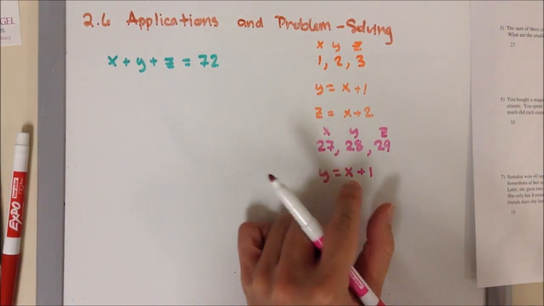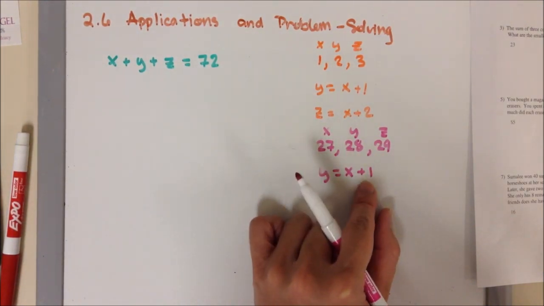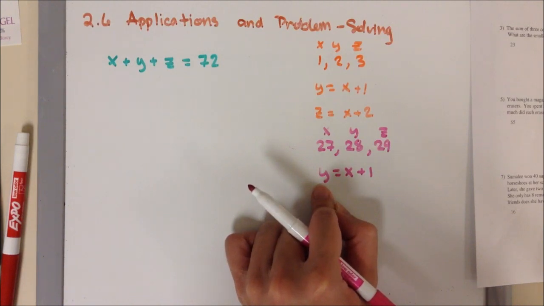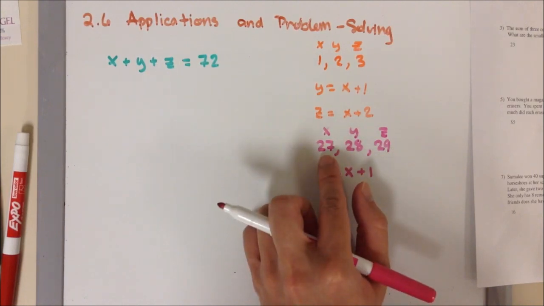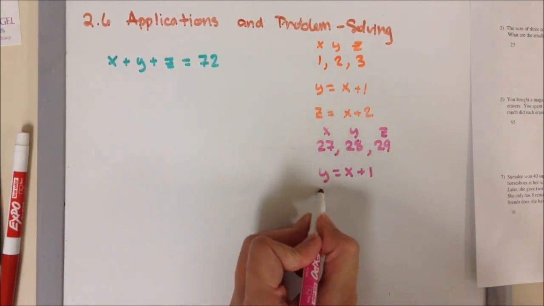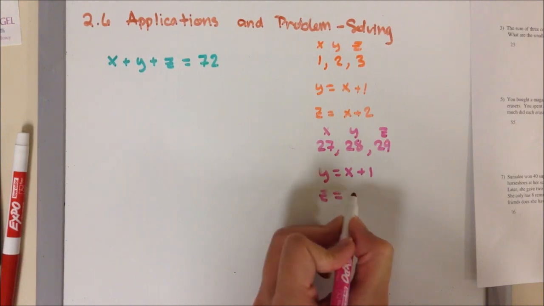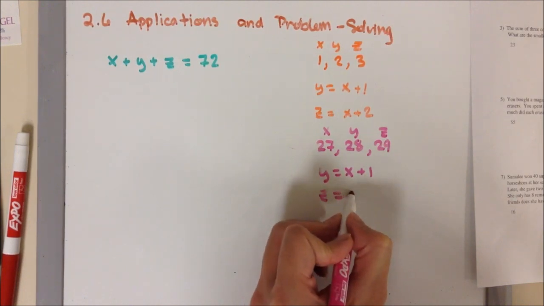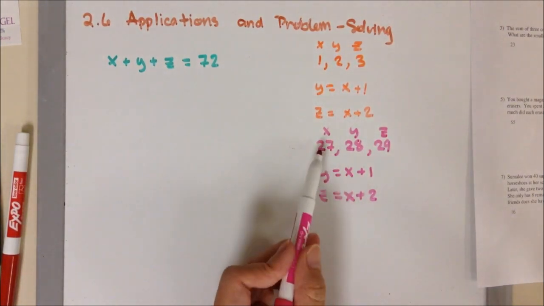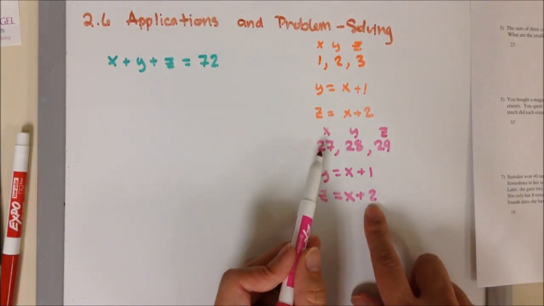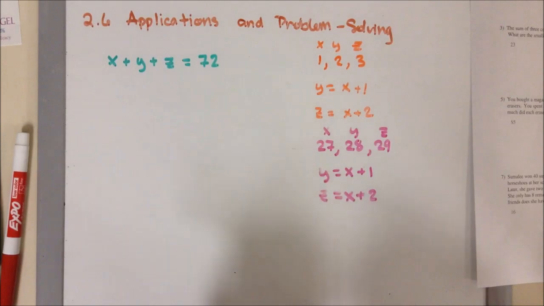If x was 27, plus 1, then y is 28. To get 29, which is my z, I added 2 to my x value, so z is x plus 2. If x was 27 and I added 2, my z value is 29. So you see there's a pattern that we're following.